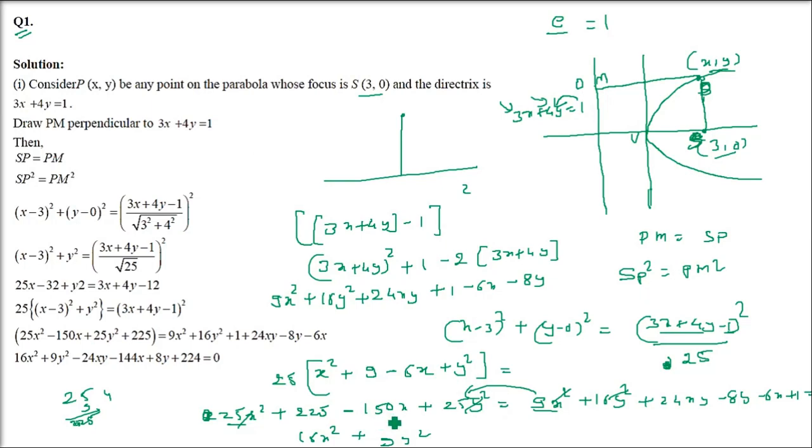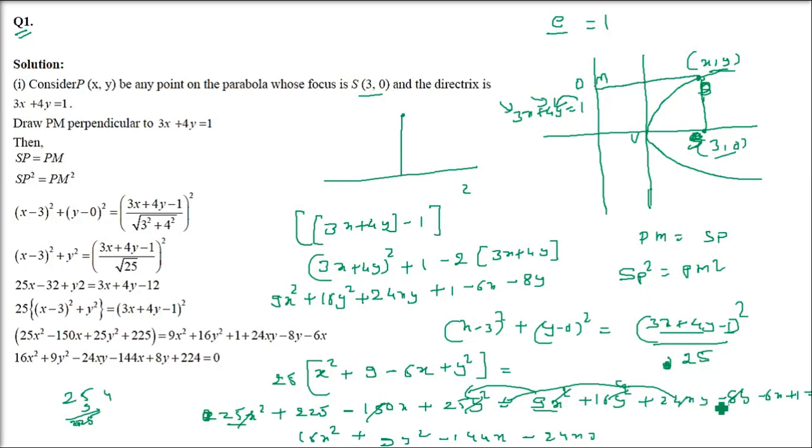Now we have this x term, 150x and minus 6x, so it will be minus 144x. Then we have the y term, 8y on the left hand side plus 8y, and 225 minus 1, that is going to be 224.